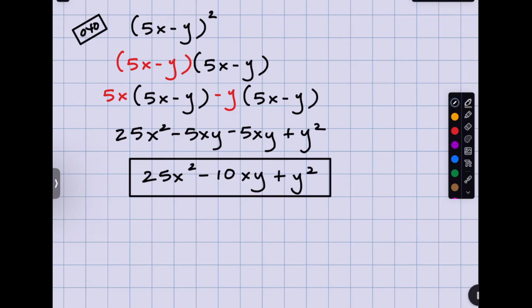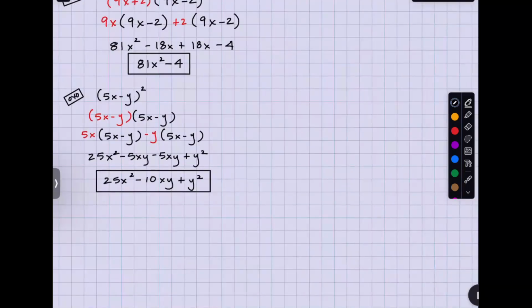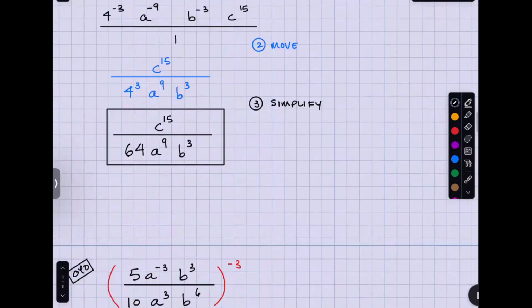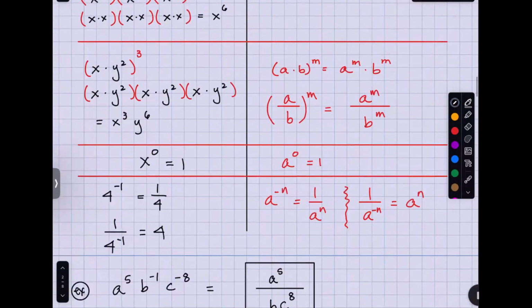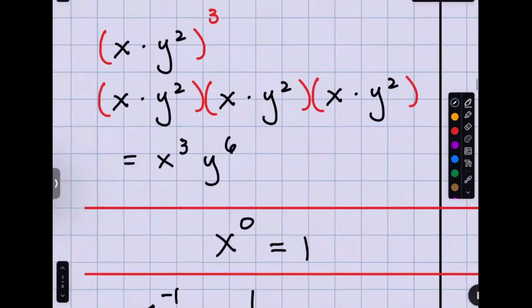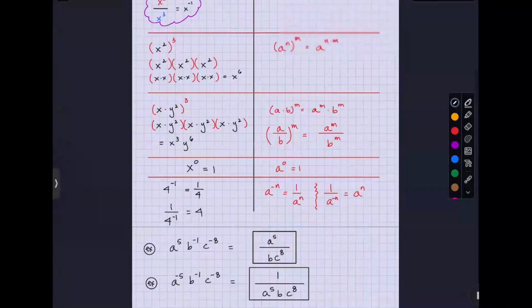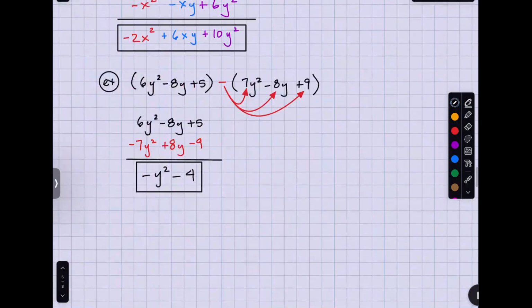So what I was talking about, if I was to go back, was this over here, right? So you guys were thinking about distributing the power, but this only works for multiplication and division, not addition and subtraction. So be careful with this rule. This is not the rule that applies to that problem. Okay?